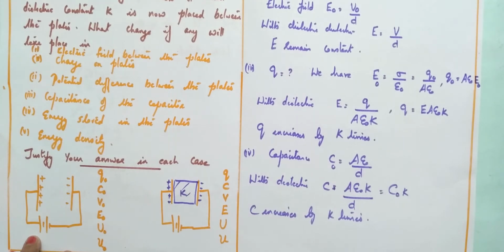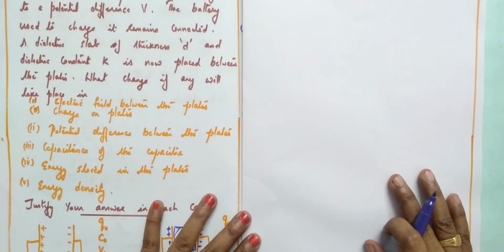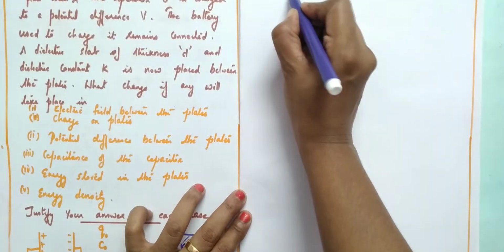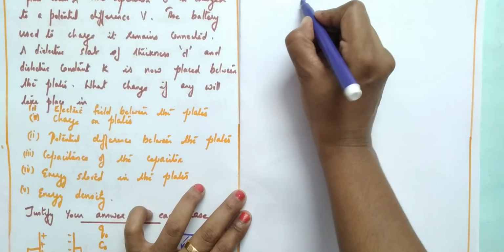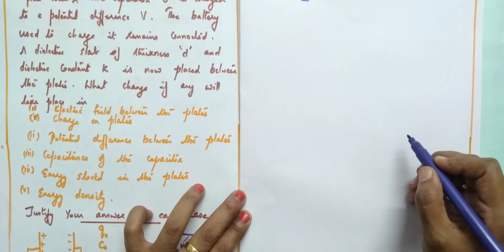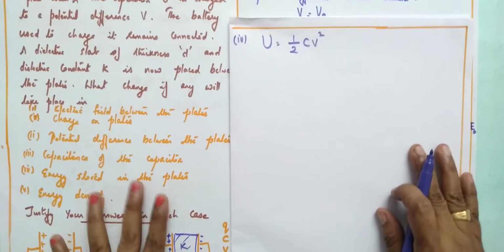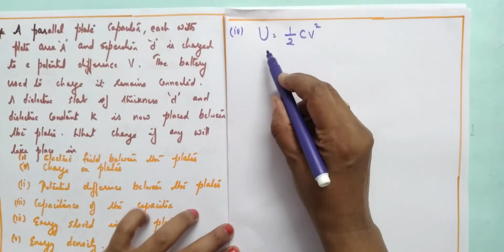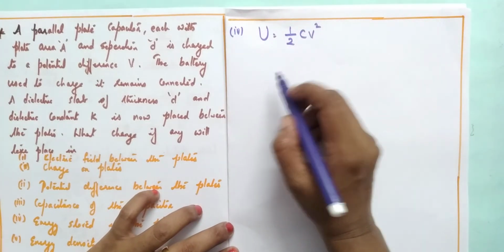Okay. Now the next one, what happens to energy stored in the plates? We have energy given by U equals half CV square. Any formula you can apply, half CV square or Q square divided by 2C or half QV. Any formula we can take. So here I have taken U equal to half CV square.